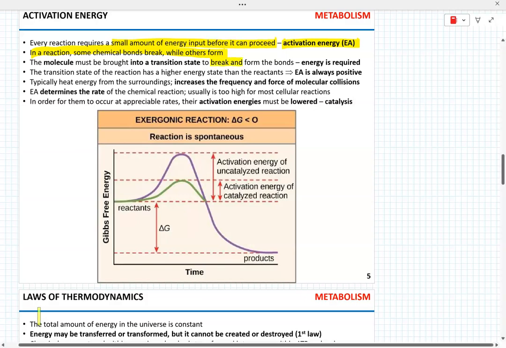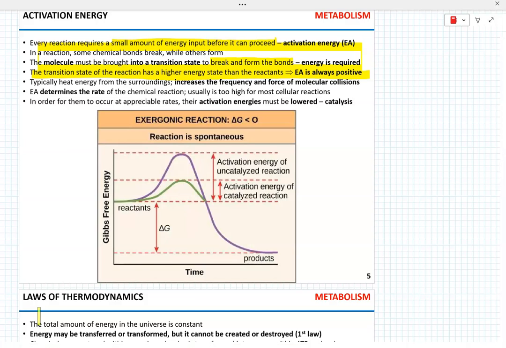To break some bonds and to form others, the molecule has to enter a transition state. To get to that transition state, the energy is required. For every reaction, the transition state has a higher energy than the reactants. In other words, activation energy, shown here, is always positive, whether the reaction is catalyzed or not catalyzed.